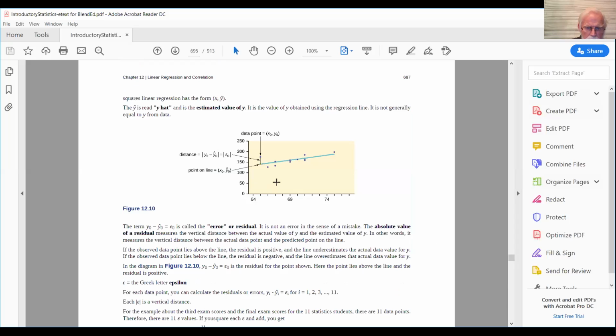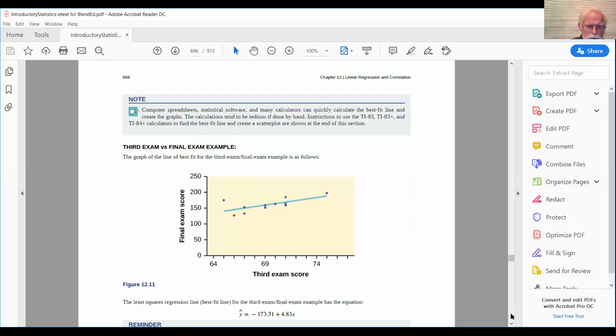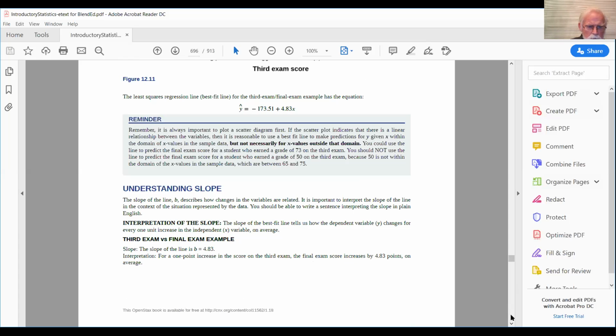So what we have is again a plot of this data. Going to keep going. I'm not going to go into how this is done. So the third exam score versus final, slightly related. It's definitely related here.